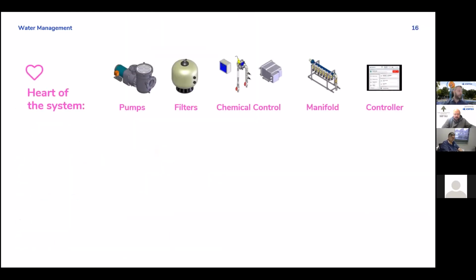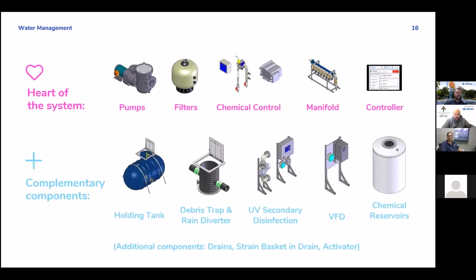All right. So every recirculating system, no matter the housing type, is made up of these components, with the exception of the variable frequency drive, although a VFD is something we always suggest. So UV can be required as a secondary disinfectant. In PA, it is required.